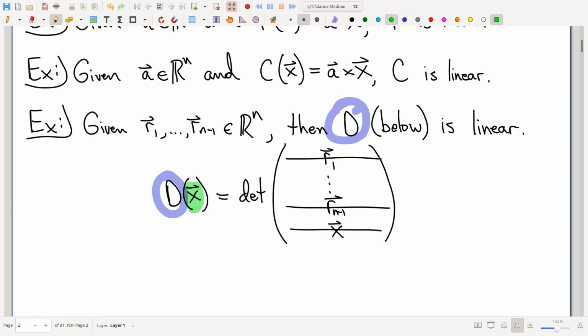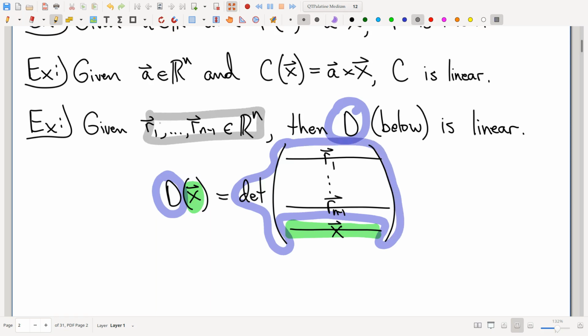D takes a vector X, puts it right here, and then what does D do to it? Well, according to the formula here, D takes all of these given constant vectors, stacks them up on top of X in order to make what ends up being a square matrix, and then takes the determinant of that.